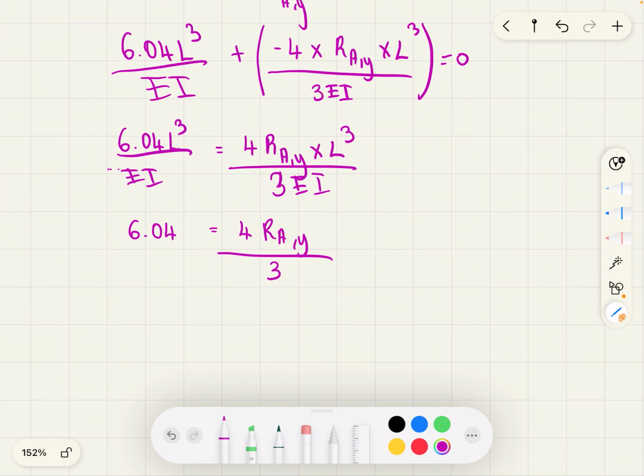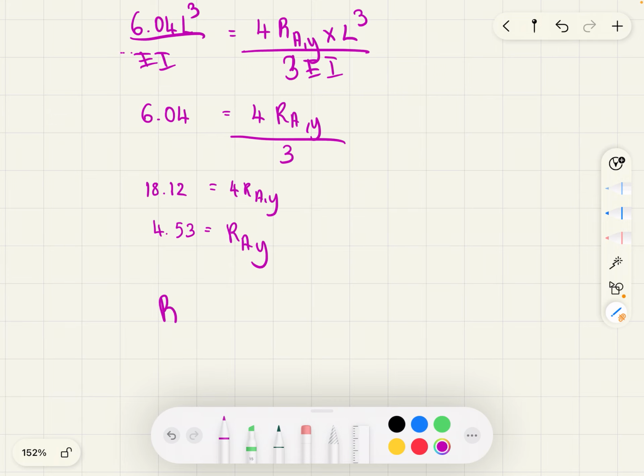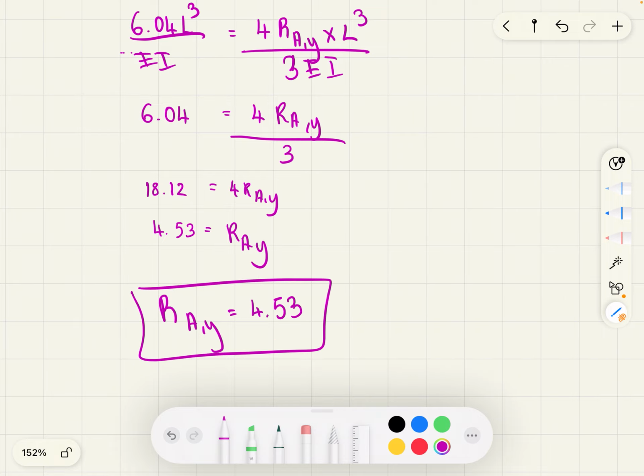Multiply by 3 on both sides. So 18.12 is 4 RAY. Divide by 4. So 4.53 equals RAY. So just rearrange this. RAY is 4.53. And that is it.